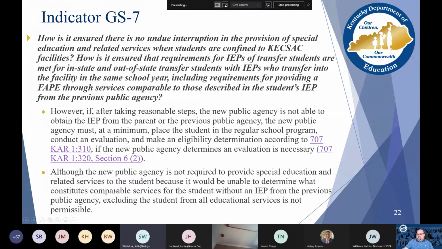So although the new public agency is not required to provide special education and related services because it'd be unable to determine what constitutes comparable for students without an IEP, excluding the student from all educational services is not permissible. So you can't just take them out and set them over here until you know what's going on with them.